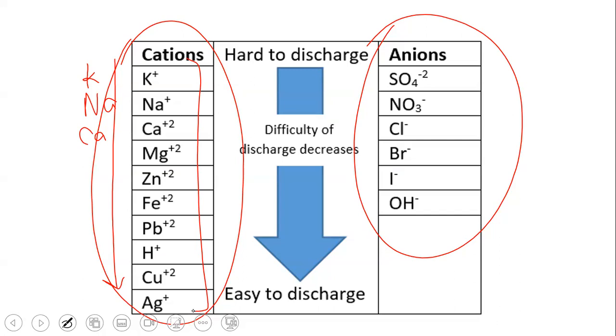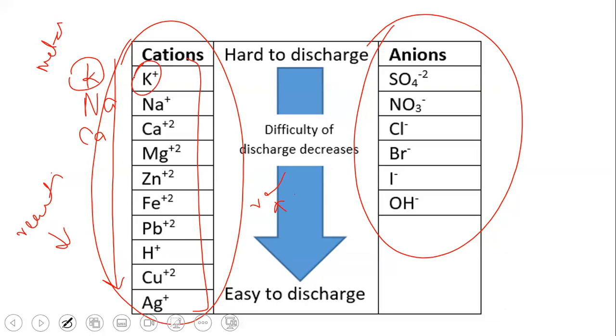For the metal, the reactivity decreases, right? But for the ion, it's the opposite. Reactivity increases. Potassium metal is very reactive, but potassium ion is less reactive.